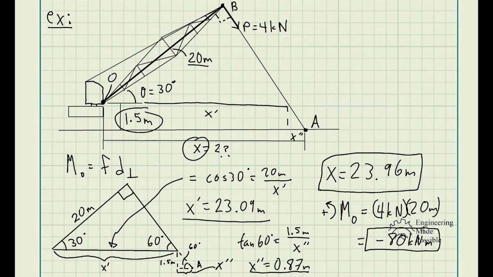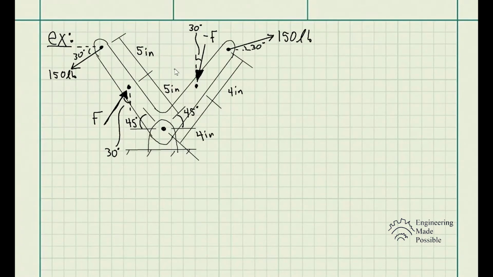Since that force would be rotating about point O in the clockwise direction, and I stated my sign convention as counterclockwise being positive, the moment about point O is equal to negative 80 kilonewton meters.